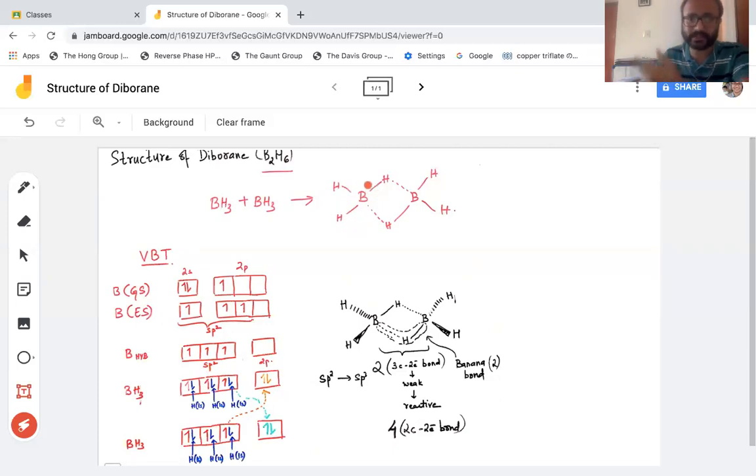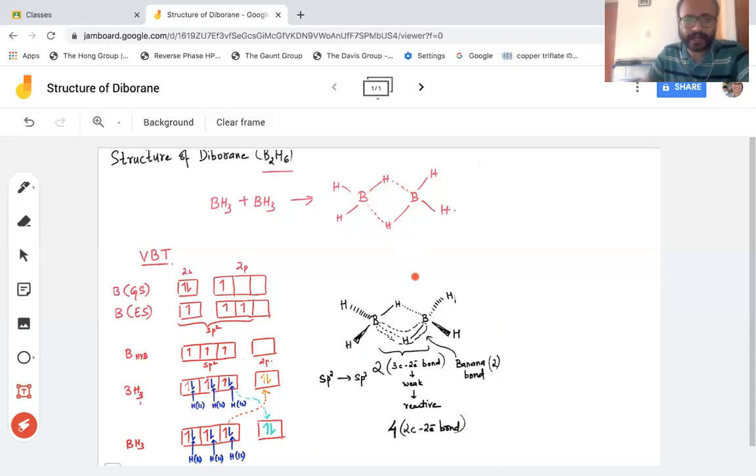So when the structure of diborane was determined, it was found that it is not sp2 hybridization, but rather sp3 hybridization that is happening at the central boron atom.